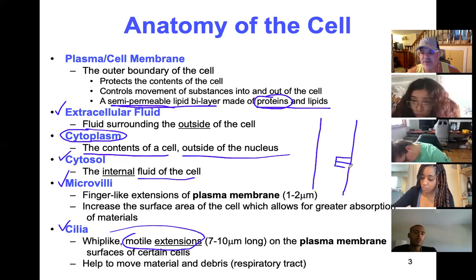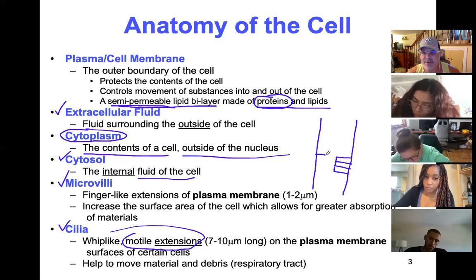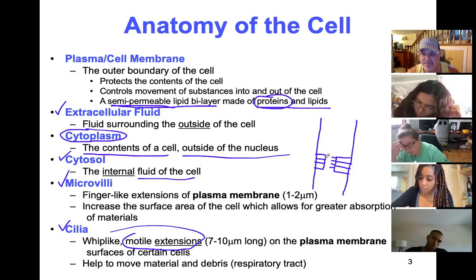They look like columns, so they're called columnar cells. And we're going to have them on both sides, these type of epithelial cells called columnar cells. And we have these hair-like cilia that come off of it that I'm drawing here.